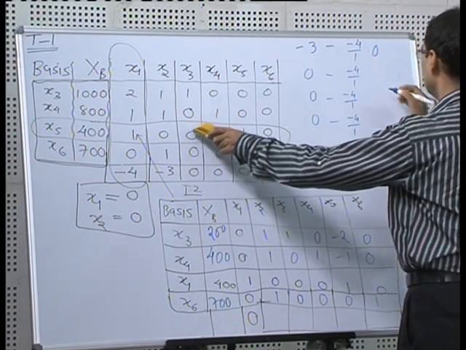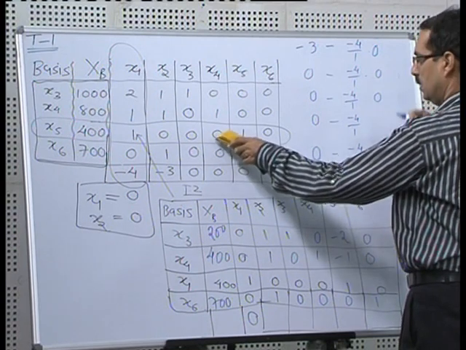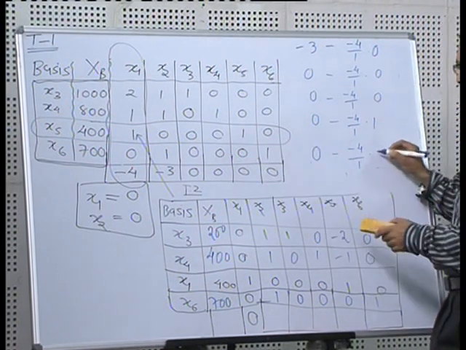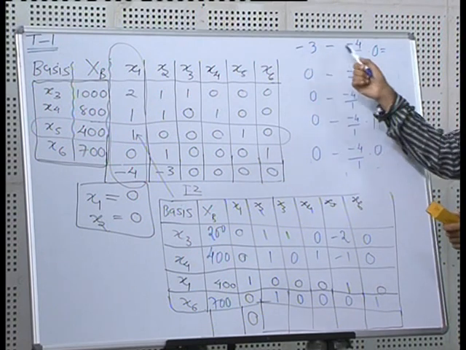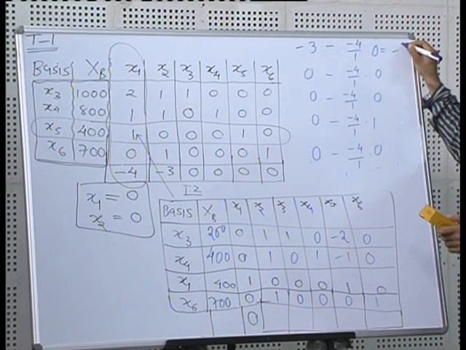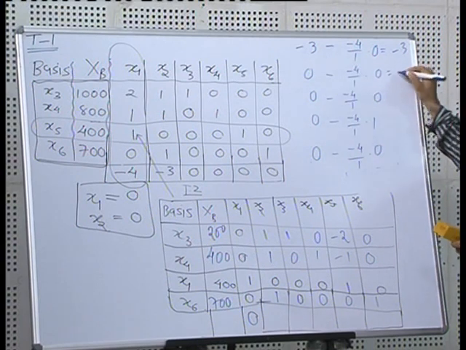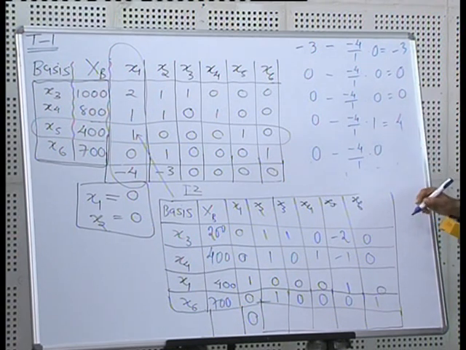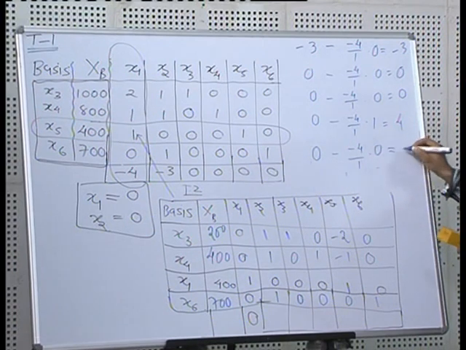For 0 it is 0, for 0 again 0, for 0 it is 1, and for this 0 it is 0. Many zeros always give a pleasure. So, this is again 0, so do not worry about it. First 3 are zeros, so this will be as it is. This is minus 4 resulting into plus 4, but anyway a pair of zeros, so it is 0.